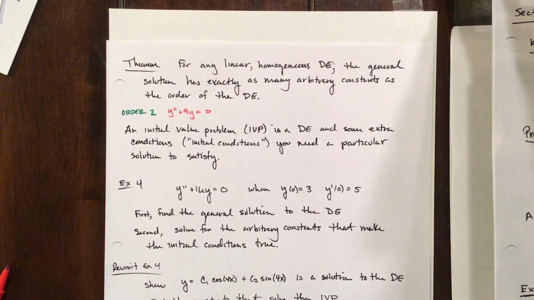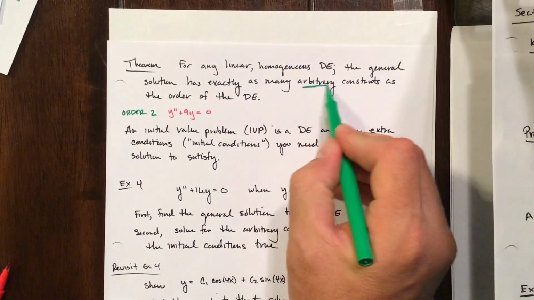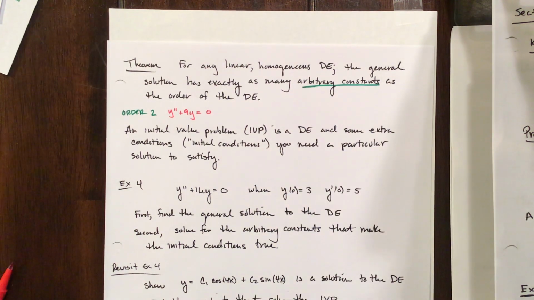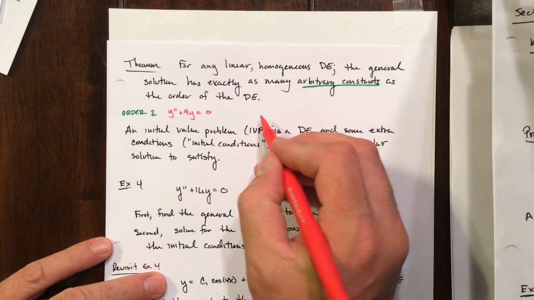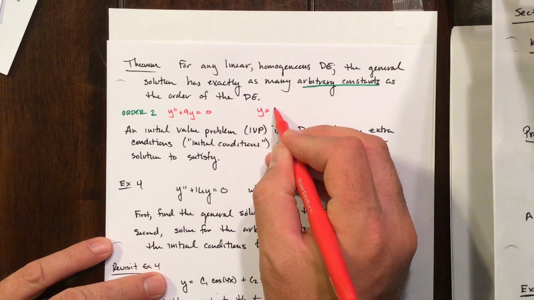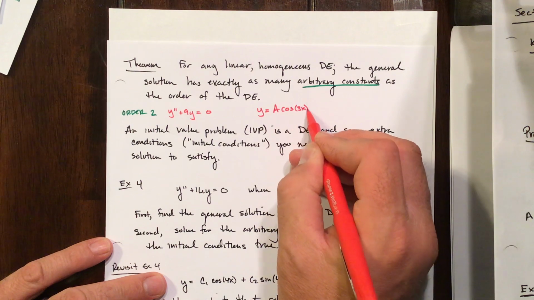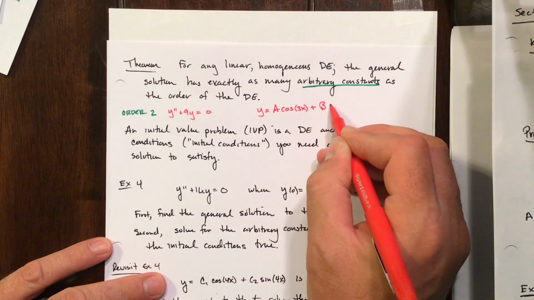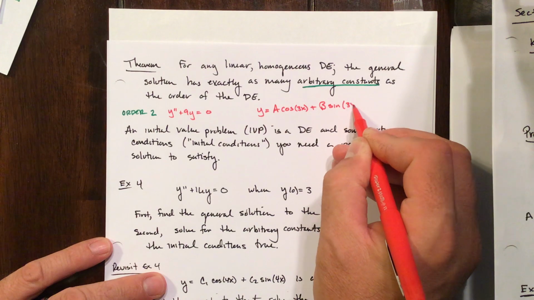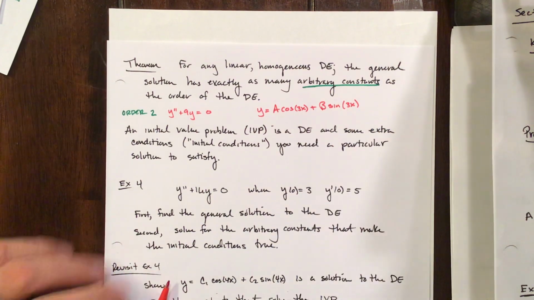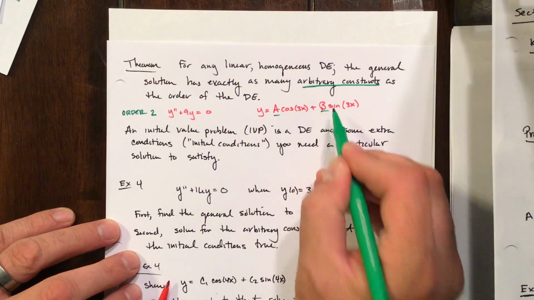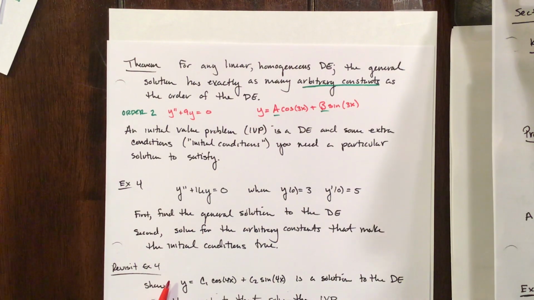So that means there are 2 arbitrary constants in the general solution. Remember what the general solution was? A times cosine 3x plus b times the sine of 3x. Arbitrary constant 1, arbitrary constant 2. So our example does not violate this theorem.